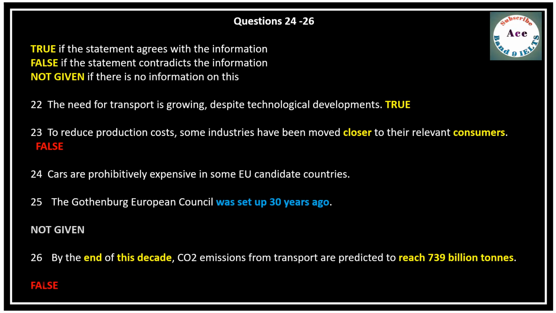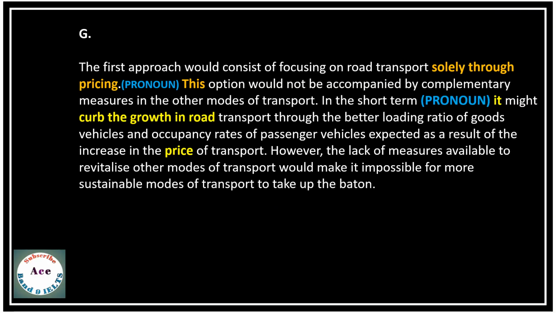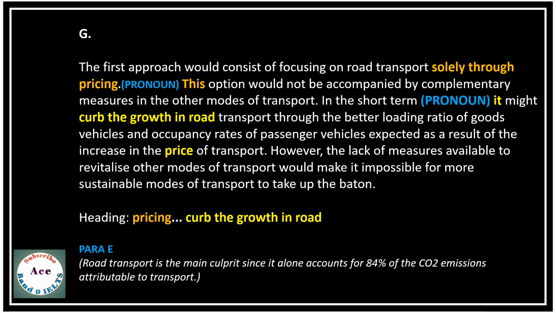Till now, we have seen that the road transport is responsible for environmental costs. So it has to be curbed, it has to be contained. And in paragraph G, it says the first approach would consist of focusing on road transport solely through pricing. So the main keyword here is pricing. The second sentence says this would not be, this in the sense is a pronoun.